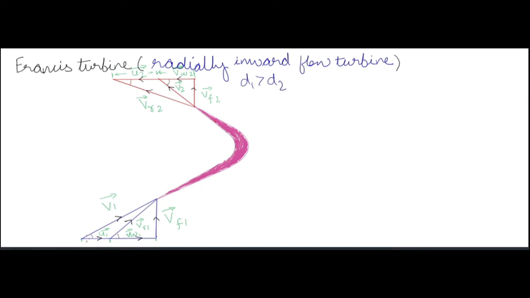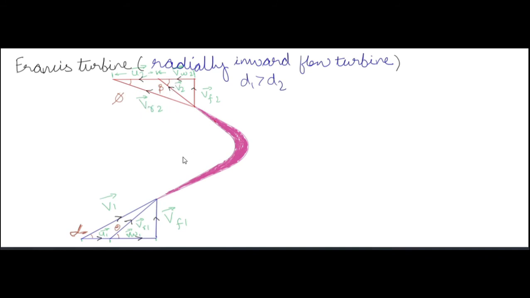These are the angles alpha, theta, beta, and phi. Alpha is with V1, theta is with Vr1, phi is with Vr2, and beta is with V2.